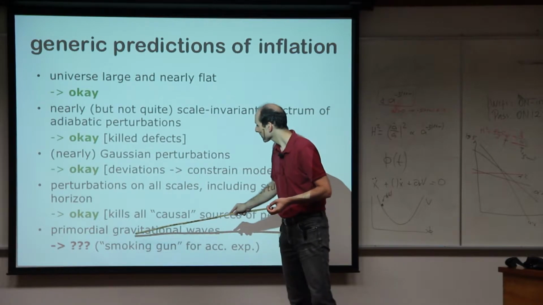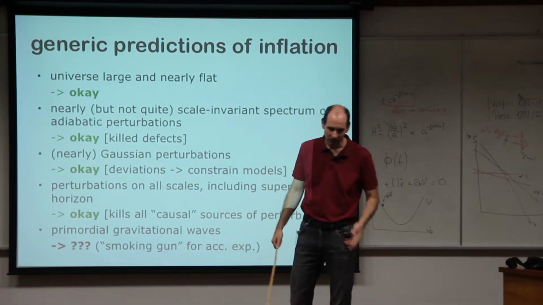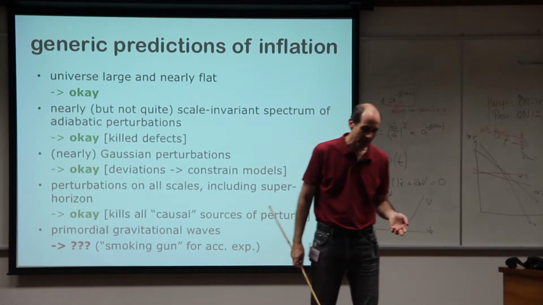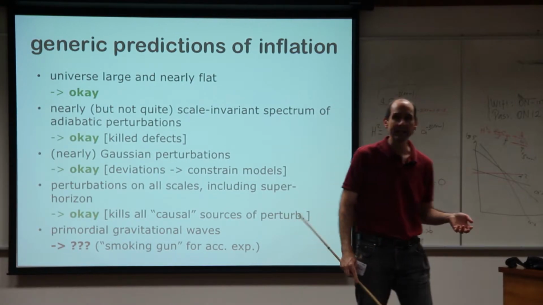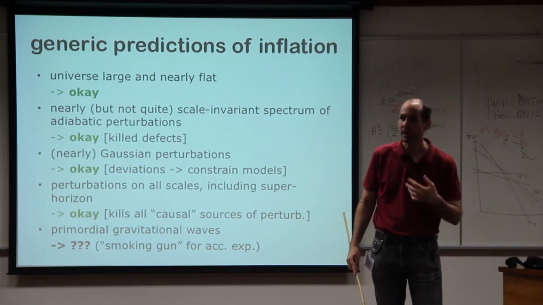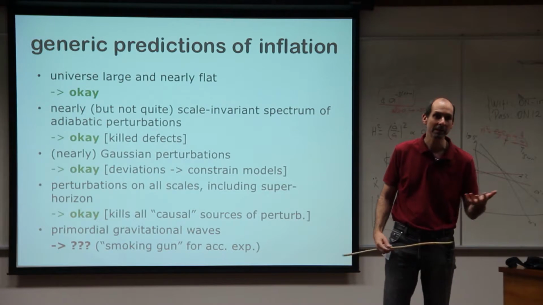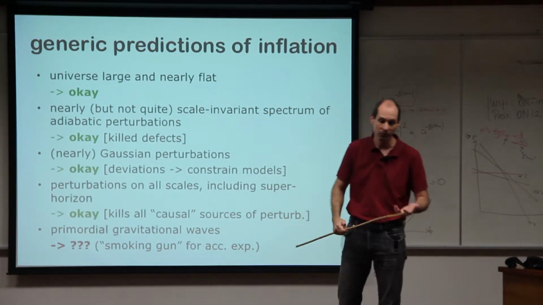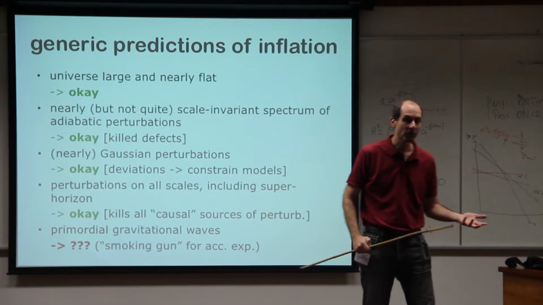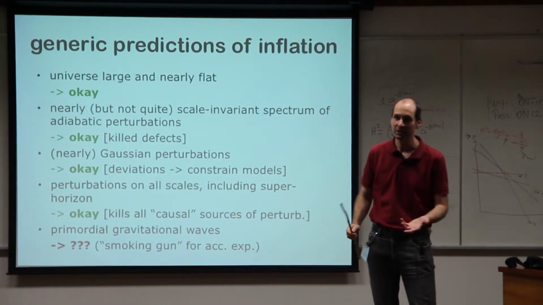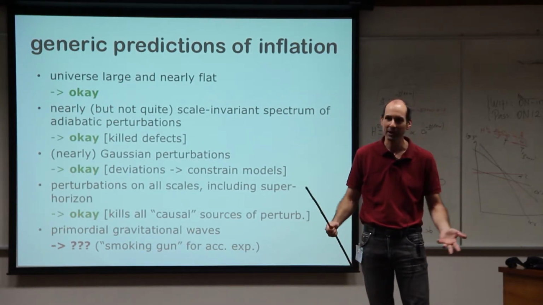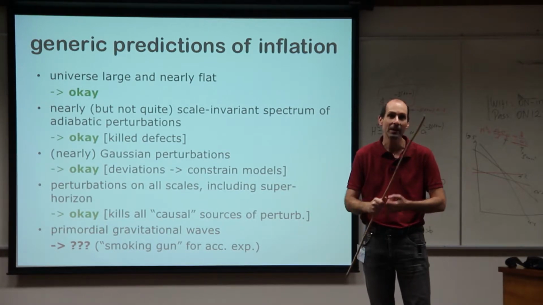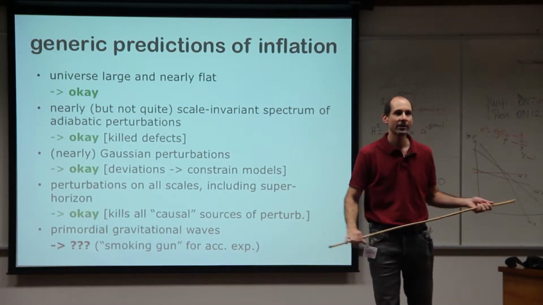And the last key prediction of inflation is that all light degrees of freedom acquire perturbations. So not only the inflaton field, which leads to the perturbations that form structure, but also the metric itself, gravitational waves, because gravitational waves are massless, and so they should also acquire perturbations.